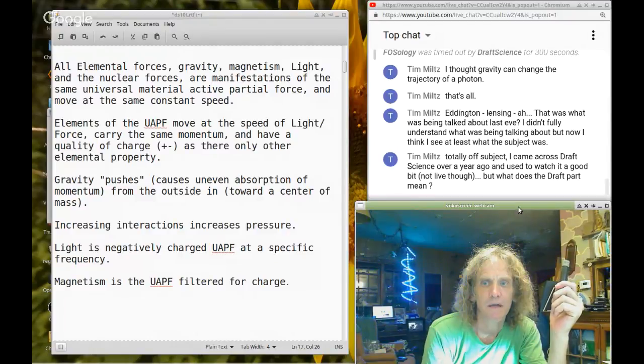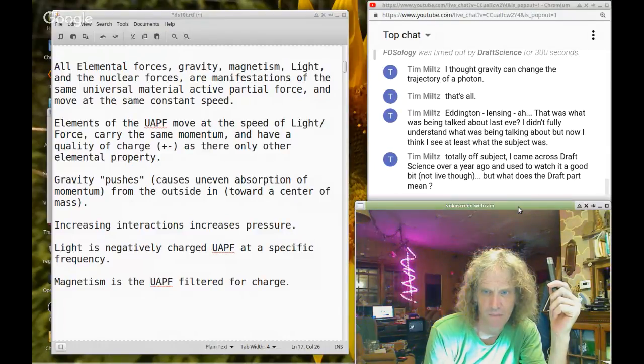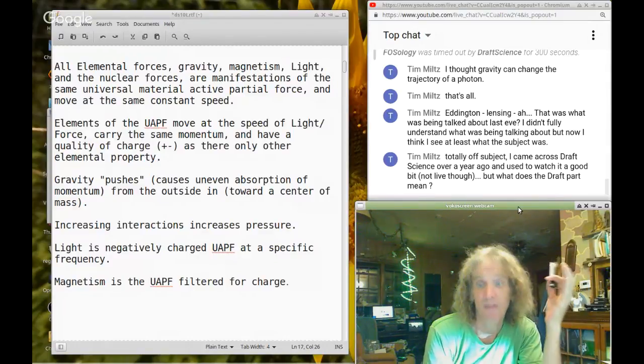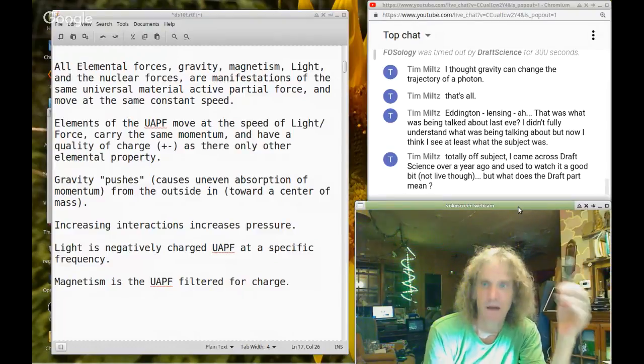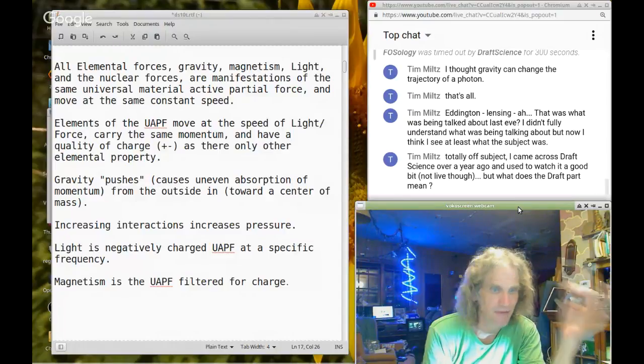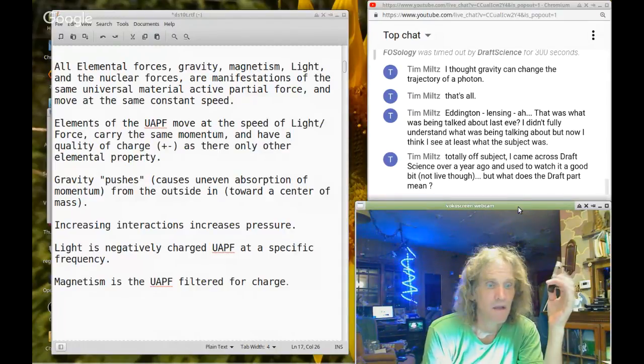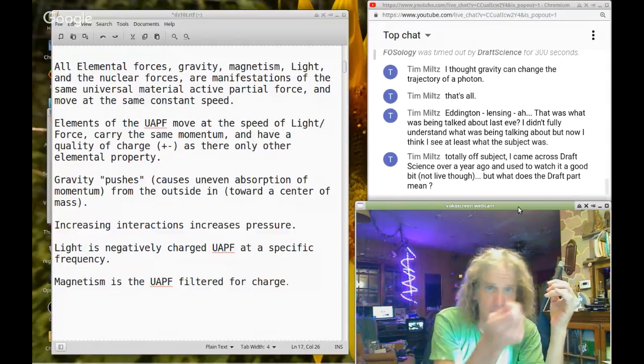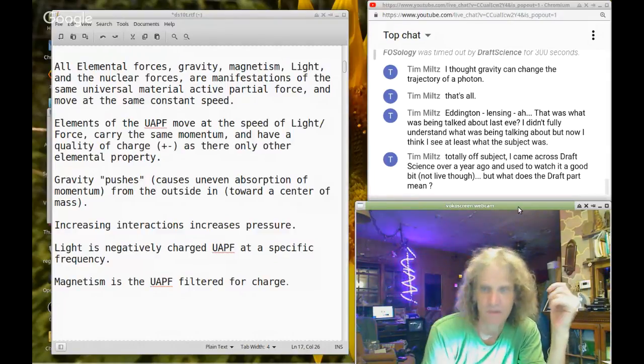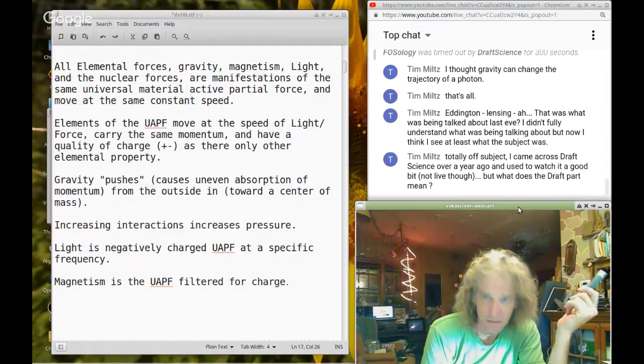Oh, here we go again. Totally off subject. I came across Draft Science over a year ago and used to watch it a good bit, not live, though. But what does the draft part mean? Well, it means that 7 years ago, I had a draft physics theory that I was proposing, that gravity is a real force, a real active particle force, not bent space.